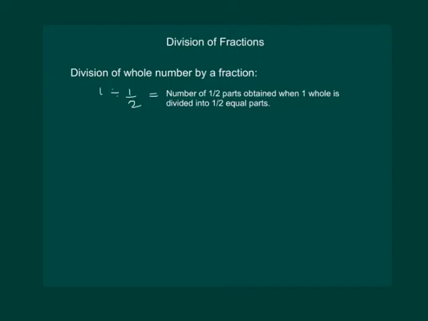So we have one whole which has to be divided into halves. So how many halves do we get? We get 2 halves. That means 1 divided by half is equal to 2.